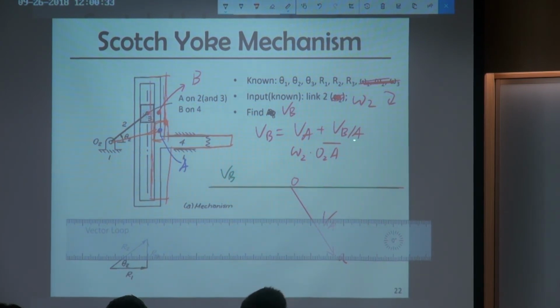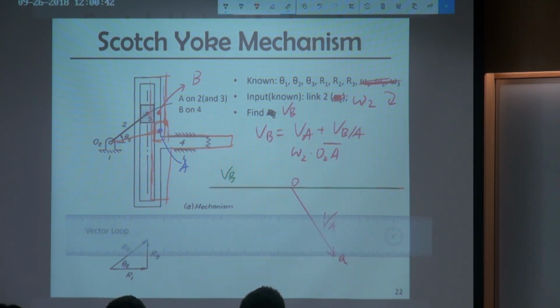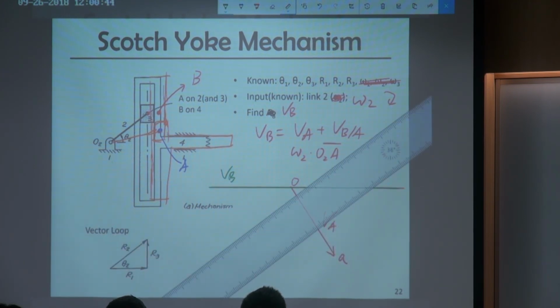But right now, do we know the direction of VBA? What would be the direction of VBA? If you see these two, this orange plot, B and A, if I'm standing on point A and I'm seeing point B, I will only see point B going far away from me or closer to me.